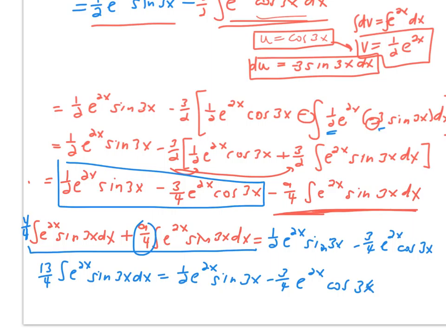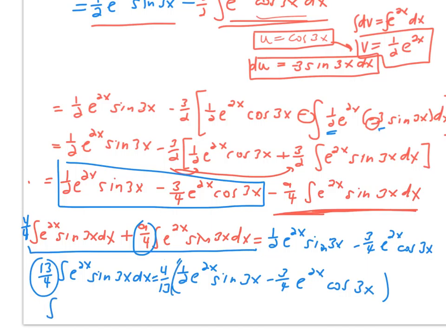Okay, last thing that we need to do is to eliminate that 13/4. So we would multiply both sides by the reciprocal, and that means you're going to multiply each of these terms by 4/13 and simplify. Okay, so squeeze that in there because I'm running out of room. So we're going to do times 4/13.